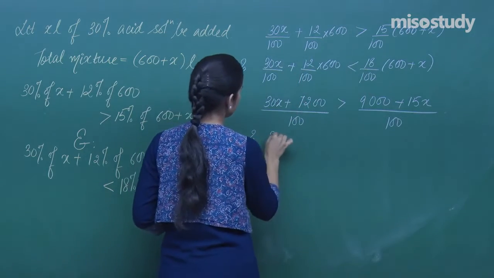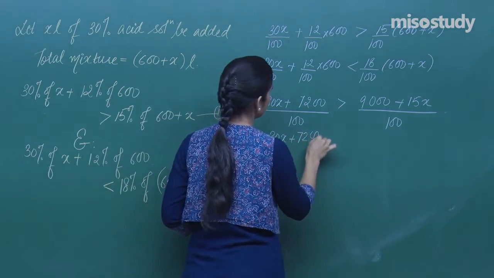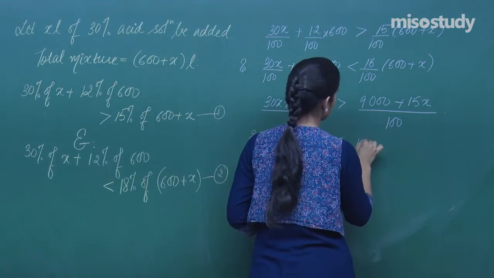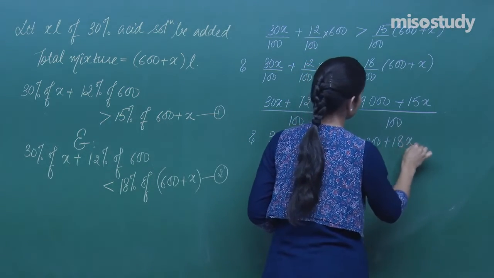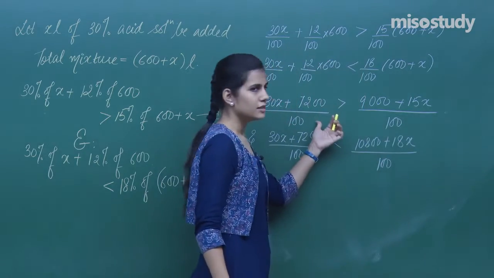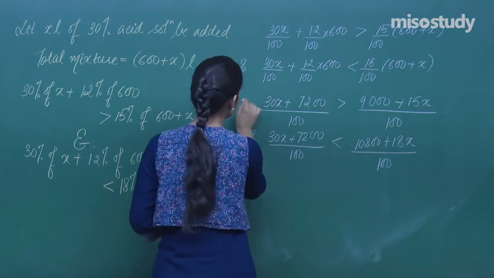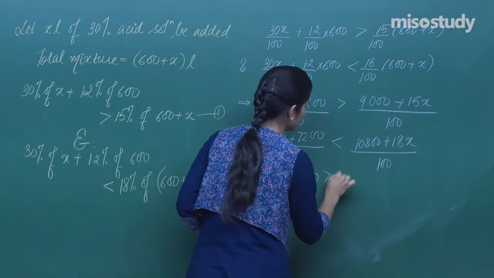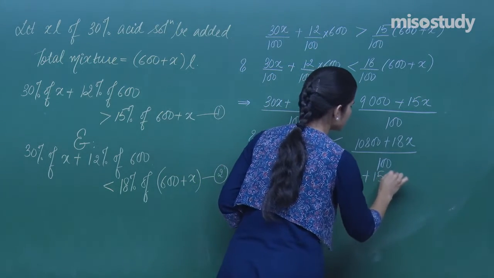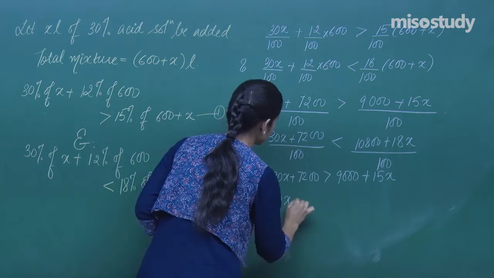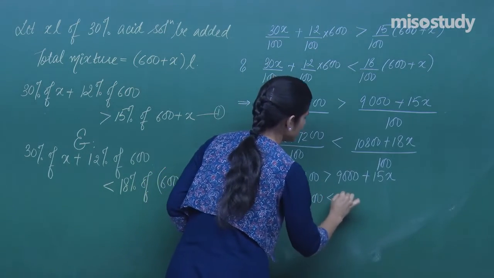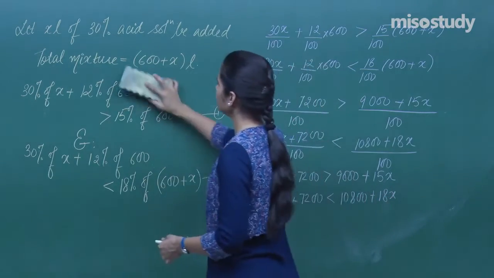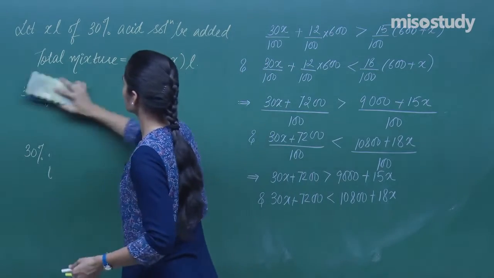And again (30x plus 7200) whole upon 100 is less than (10,800 plus 18x) whole upon 100. If you multiply by 100 both sides in both the inequations, you get 30x plus 7,200 is greater than 9,000 plus 15x, and 30x plus 7,200 is less than 10,800 plus 18x. You need to sort this a bit more. So let's sort it out.